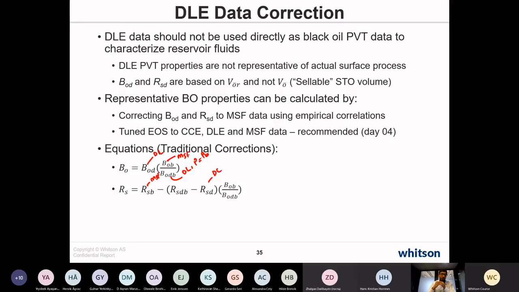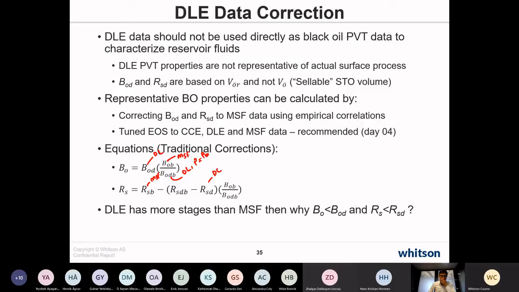Then we can compare the results of these correlations with the black oil tables generated from the equation of state model and see when these corrections are okay, and when they should not be used because they make a large difference with respect to the black oil tables generated from the equation of state model. So this is just a question. Try to think about it, and we'll see.